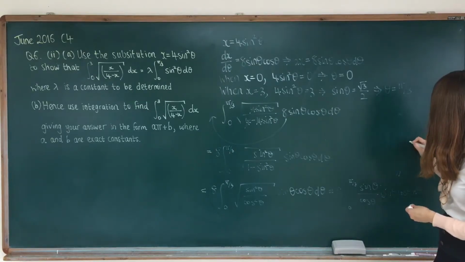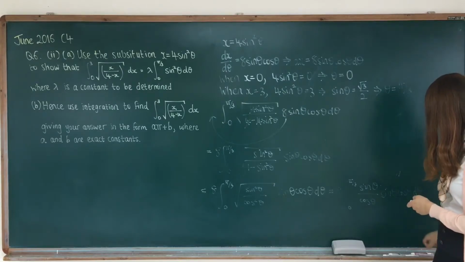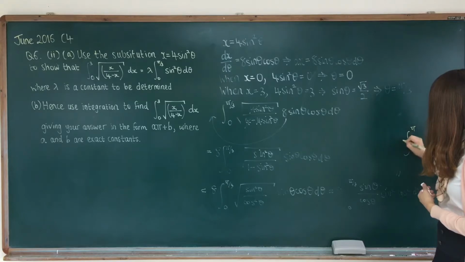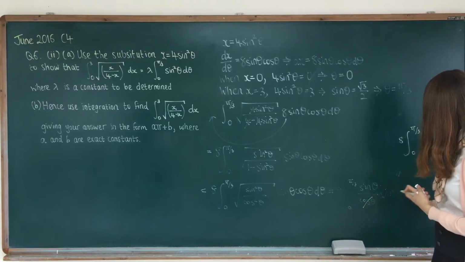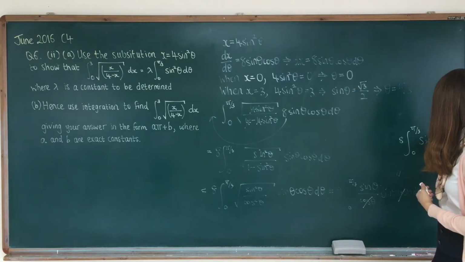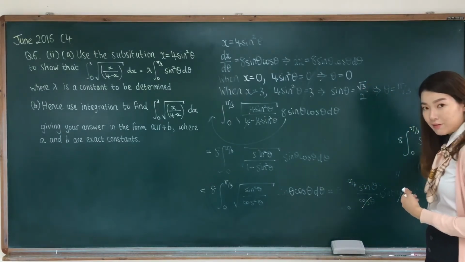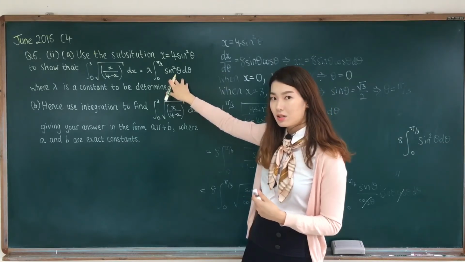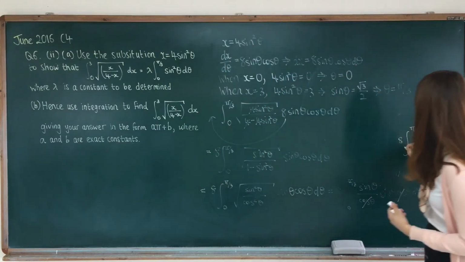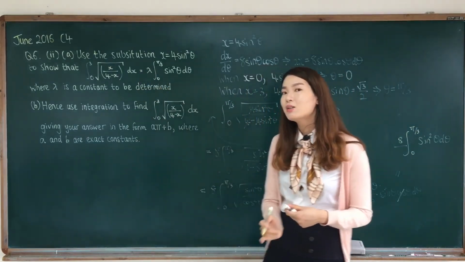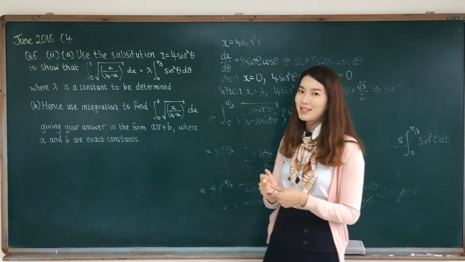So we get sine squared theta d theta. And as you can see, this is exactly in the form that the question asks you to find. And we have our constant 8, which is equivalent to lambda here. So we have determined the value of lambda, and that's it.